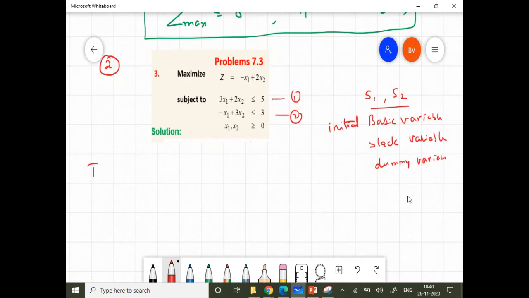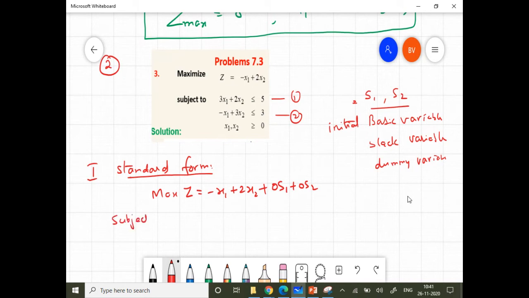Step number 1 is called standard form. We have a name for every step. Using these variables, I am going to convert the inequalities into equalities. So maximize z equals minus x1 plus 2x2 plus 0 times s1 plus 0 times s2 in the objective function. I am introducing them with 0 coefficients.